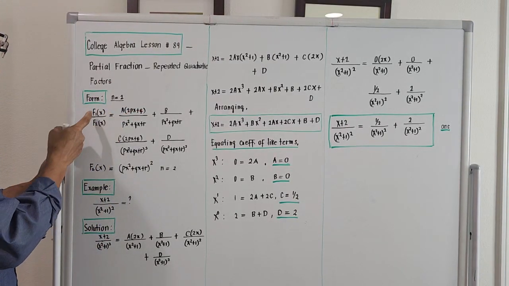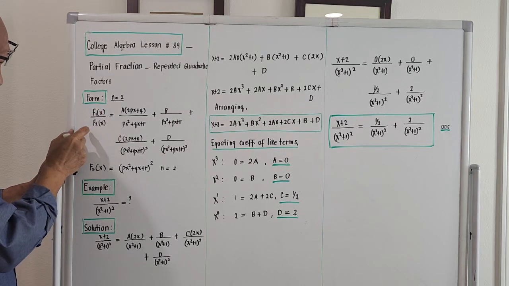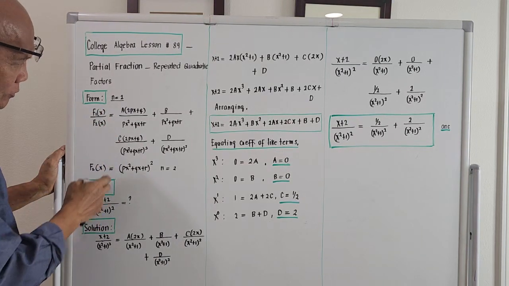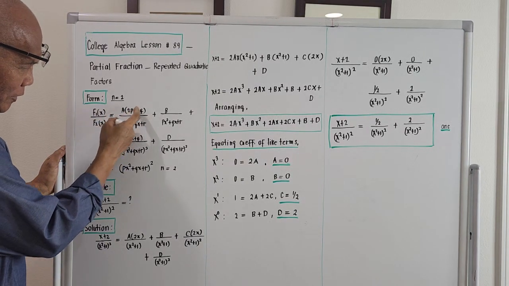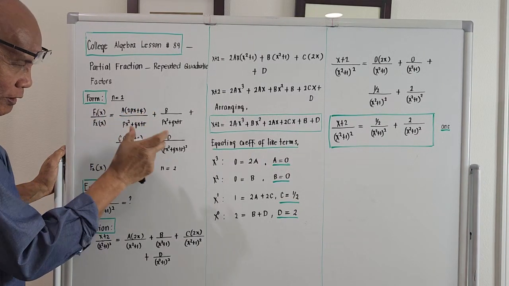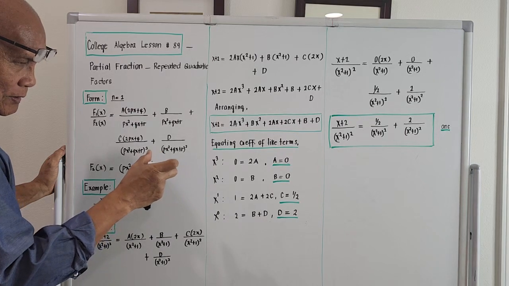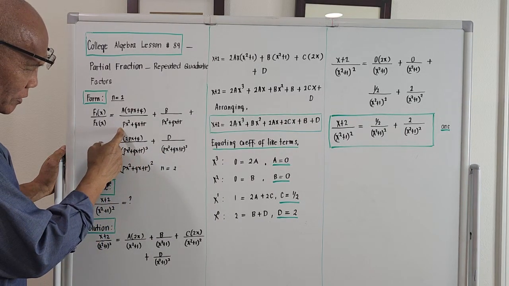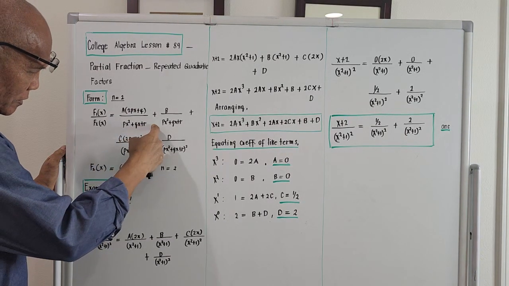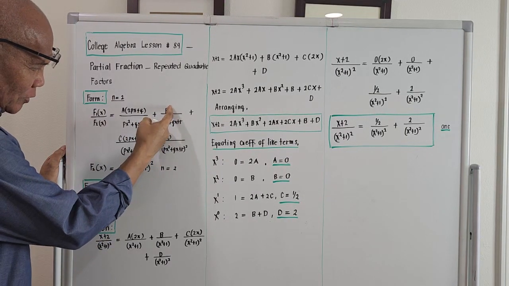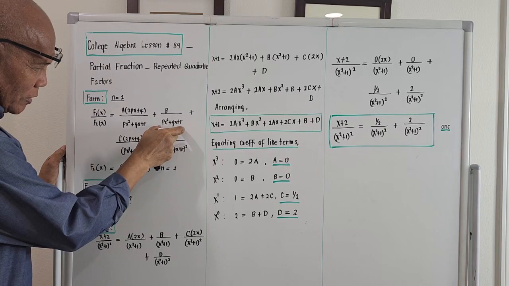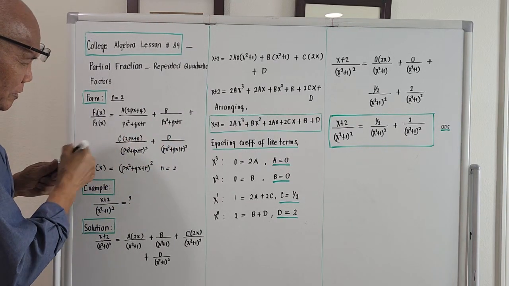The given form is f1 of x over f2 of x, and this should be equal to a constant a times the quantity 2px plus q. The given quadratic factor is px squared plus qx plus r, plus another constant b, all over the same denominator, the quadratic factor.